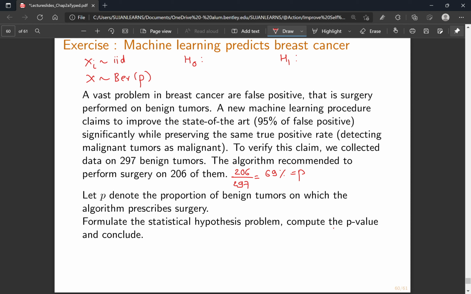That is, we want to see whether P is less than 0.95. We want to prove this. That's why it is the alternate hypothesis. And currently, the benchmark is that P is greater than or equal to 0.95.